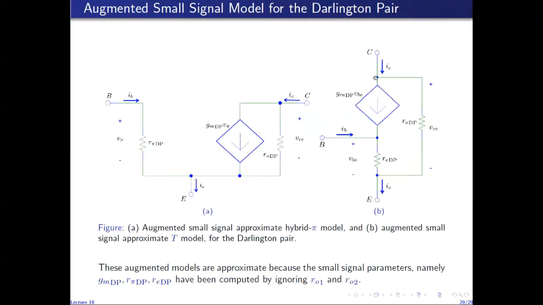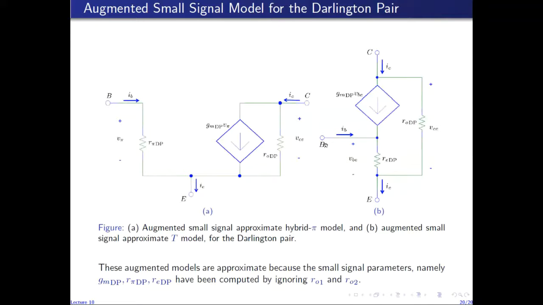Similarly, for the T model, we can place this resistance between collector and emitter like this. So again, this is the resistance seen looking between collector and emitter, looking into the collector at open circuited input. So if we assume that the input port is made up of base emitter, and the output port is made up of collector base, then open circuiting the input will result in 0 IB.